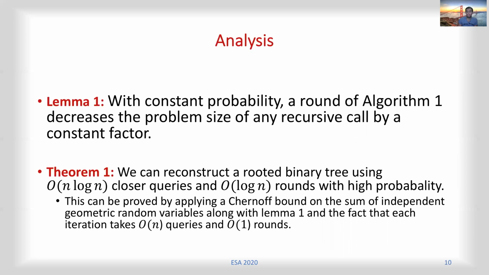And the high probability analysis can be achieved by applying a Chernoff bound on the sum of the independent geometric random variables, and the fact that each iteration is taking O of n queries and O of one rounds.